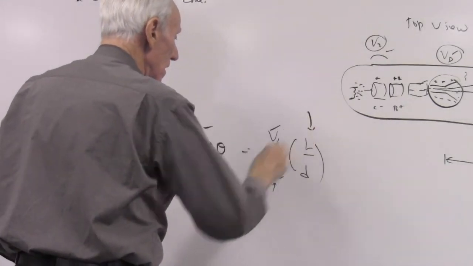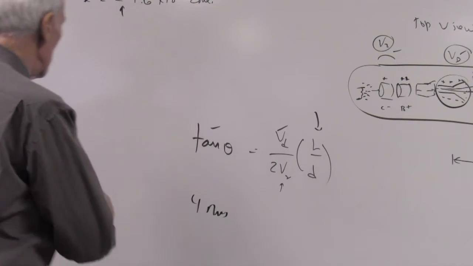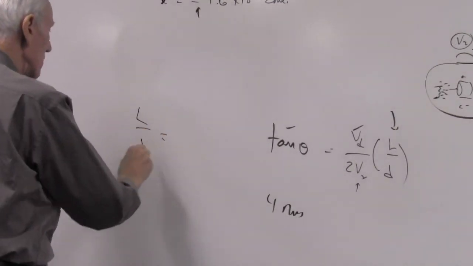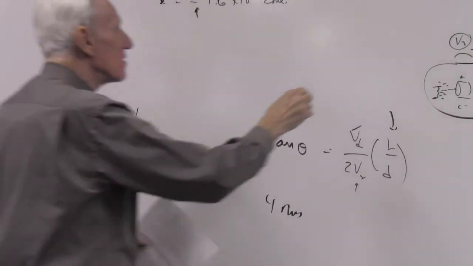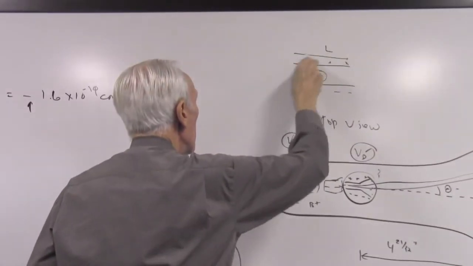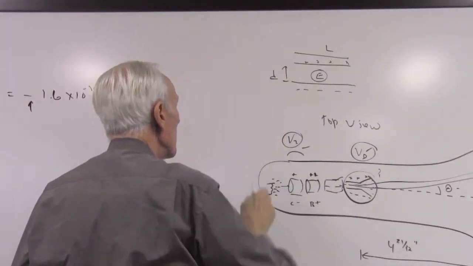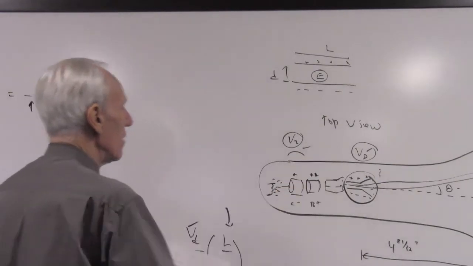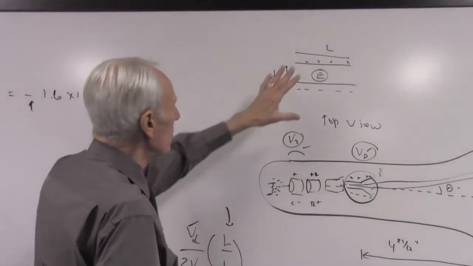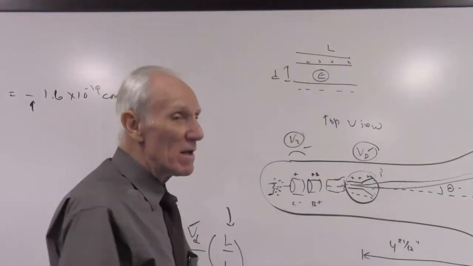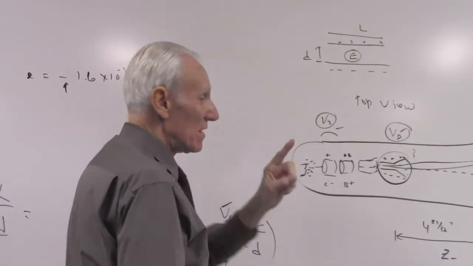So this value here, L over D, is the length of these plates divided by the distance between them. Because we can't really tell what they look like, we're going to have to assume they're just 2 parallel plates, because L over D is just one value.